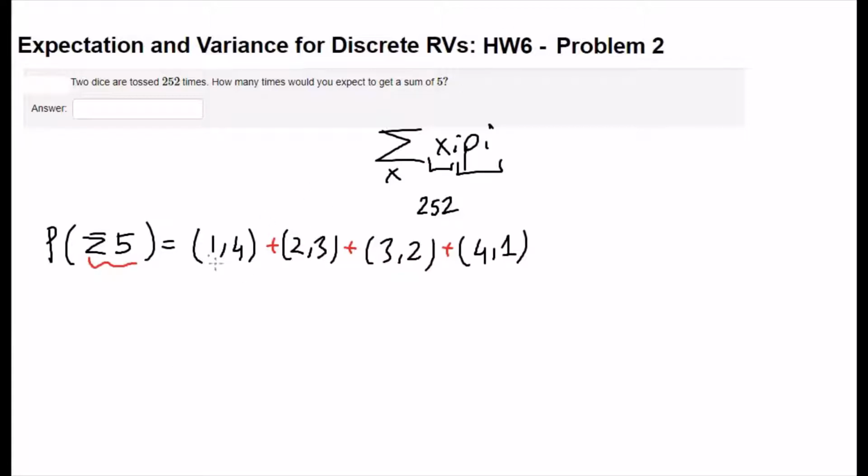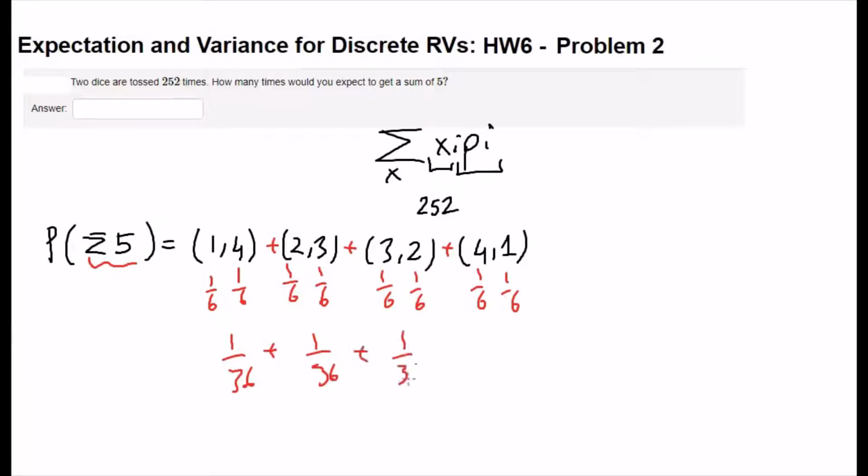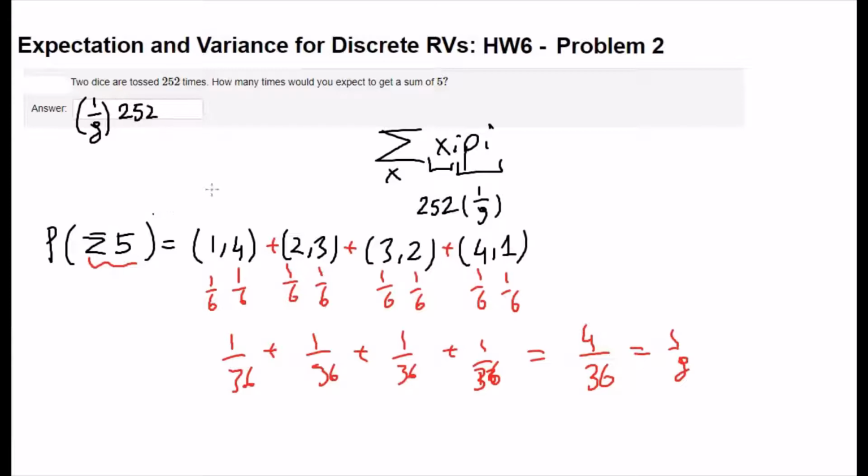We know that the probability of getting each number is 1/6 on a single die, and this probability will be 1/36 plus 1/36 plus 1/36 plus 1/36. So that's going to be 4 out of 36, which is 1/9. So now we know that our p is 1/9. So the answer is 1/9 times 252, which is x times p.